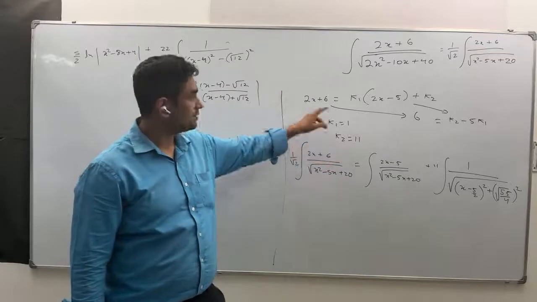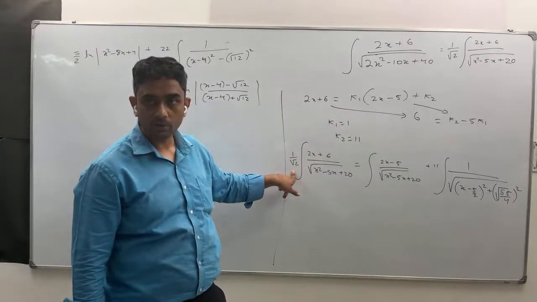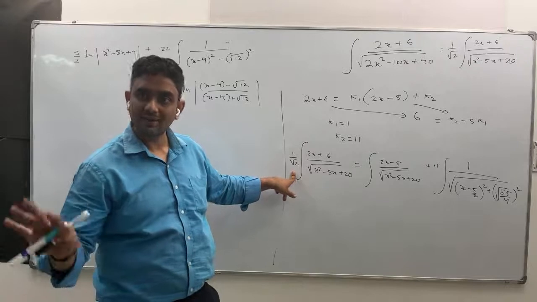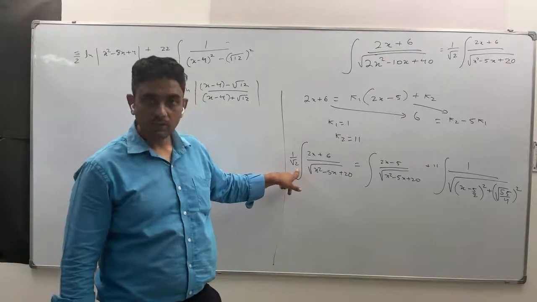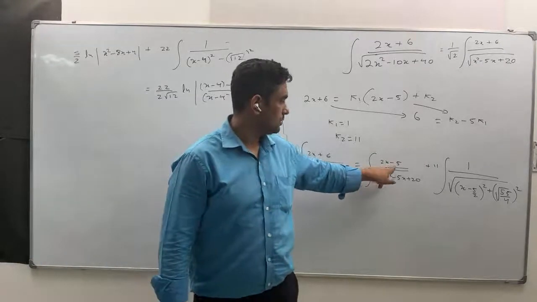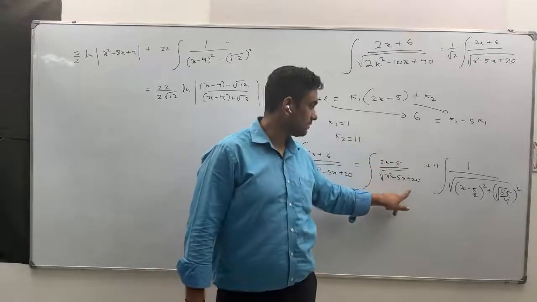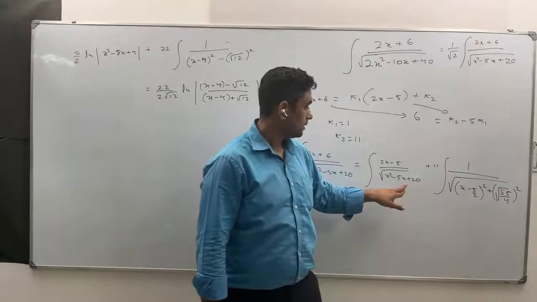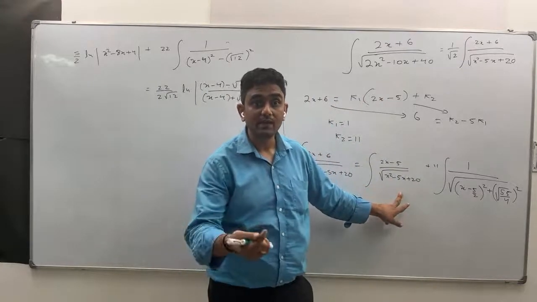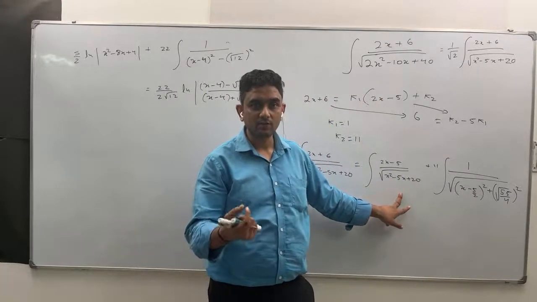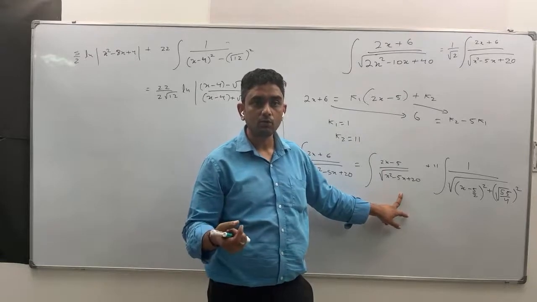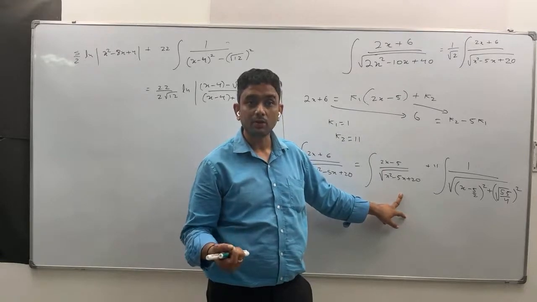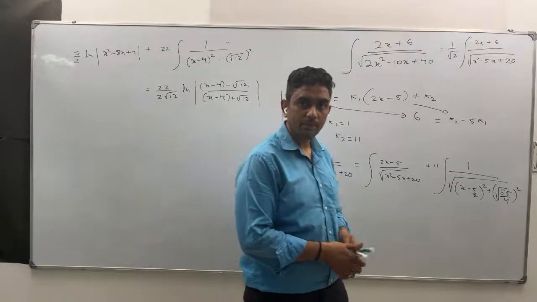Now once we have got this, we can rewrite it with 1 by root 2 common, which will multiply at the end. Now this thing will be 2x minus 5 by x square minus 5x plus 20, and we will convert it to a perfect square. Now 5 is 2a, so a will be minus 5 by 2.